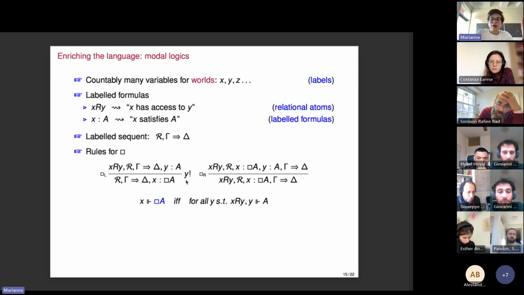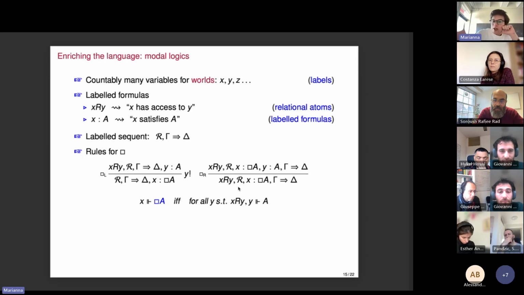It's similar to what happens with the quantifier rules in the sequent calculus for first-order logic. When the for-all occurs in the conclusion, you want to instantiate it with some fresh variable that you have not used before. And this is the same thing.